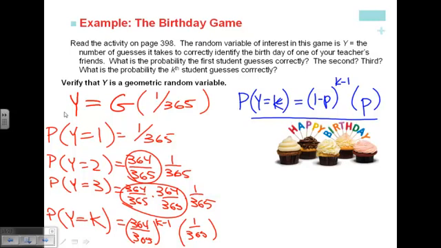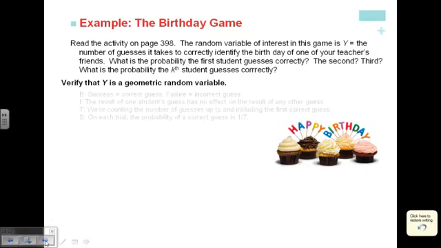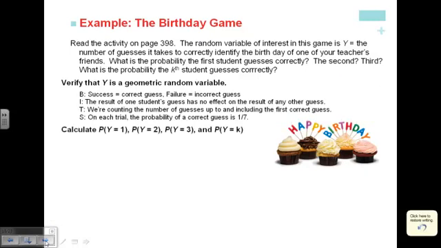By the way, let me just erase this for a second. Let's see what the textbook publisher had to say about this. See if we did it right. Wait, 7? What's the deal with 7? Each trial, the probability of the perfect guess. Why would it be 7? Oh, the birthday.